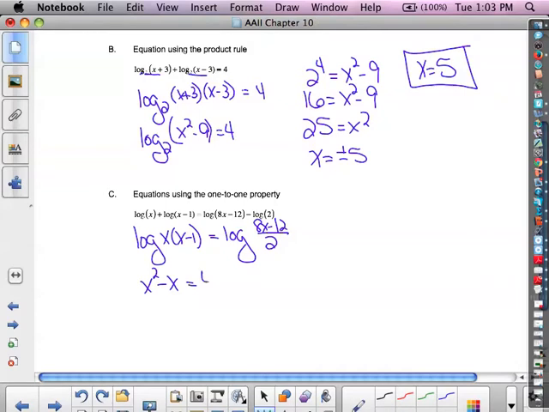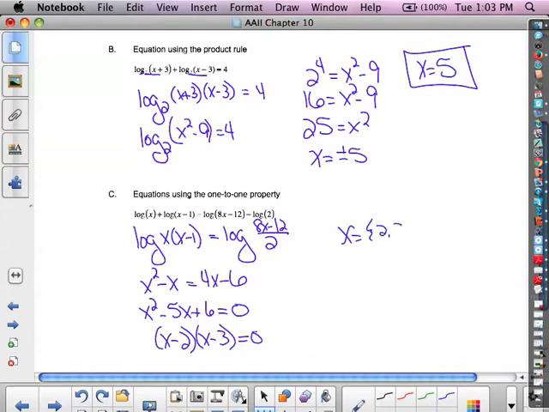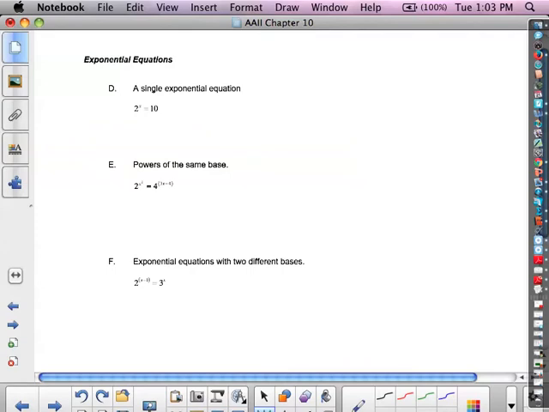On the right, I have 4x minus 6. So this becomes x squared minus 5x plus 6 equals 0, and that factors to x minus 2, x minus 3 equals 0. So x is equal to 2 or 3 for C. So using those properties to condense or expand will help you solve some of these.